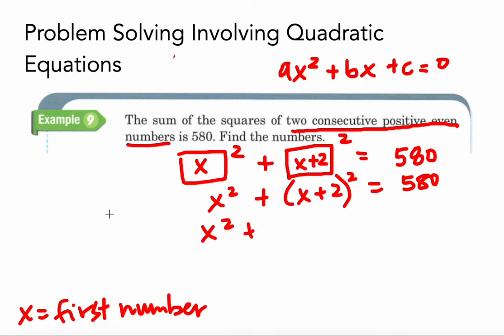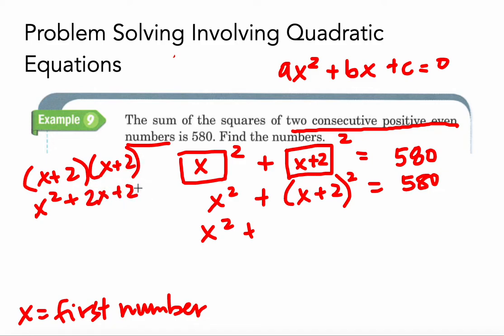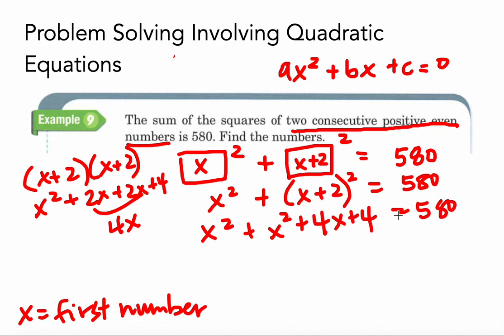If I have x plus 2 times x plus 2, I will need to take care of that. So x squared plus, let's see, 2x plus 2x plus 4. So that's really x squared plus 4x plus 4 equals 580.